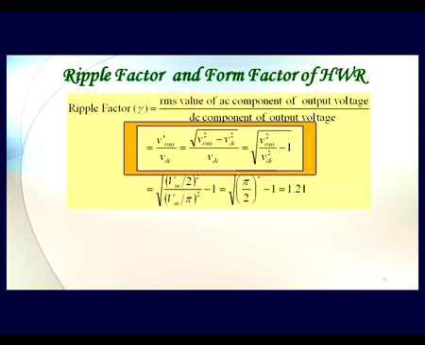So if we just substitute the value of V prime RMS, which is nothing but V RMS square minus VDC square under root, and VDC in the denominator, and then if we just simplify it, then we get V RMS square upon VDC square minus 1 under root is the ripple factor.